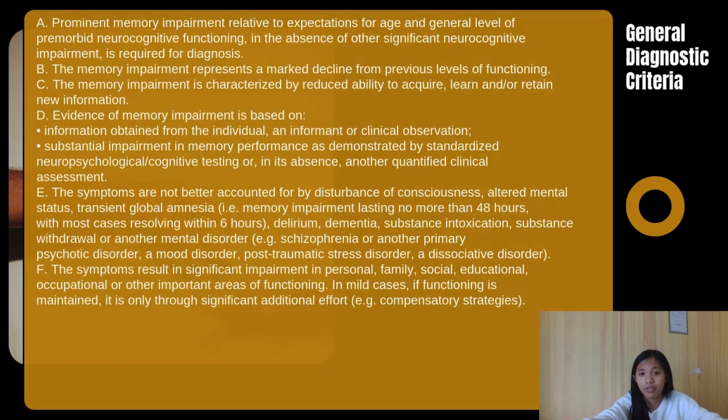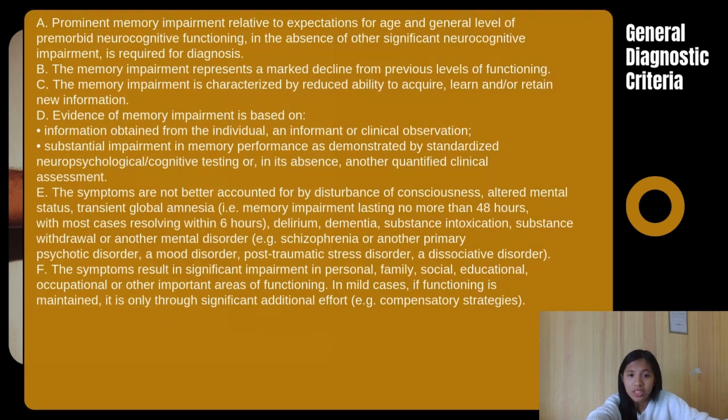In the absence of others, significant neurocognitive impairment is required for diagnosis. So, what does this mean? The person has serious problems with memory that are much worse than what you expect of their age or how they used to function mentally. Other thinking skills are mostly okay.